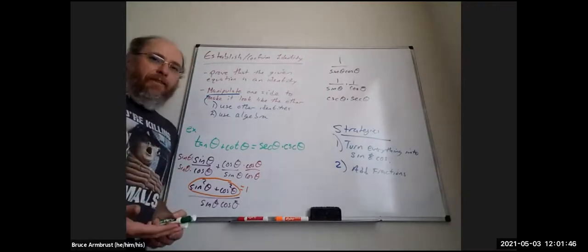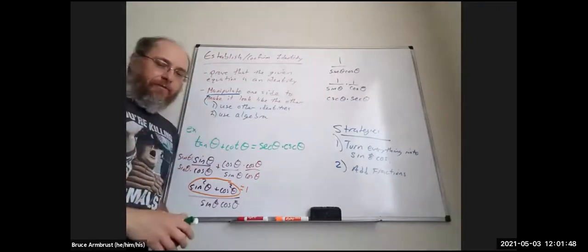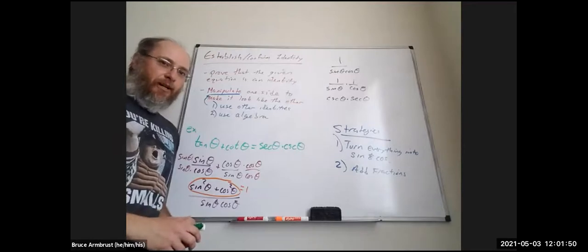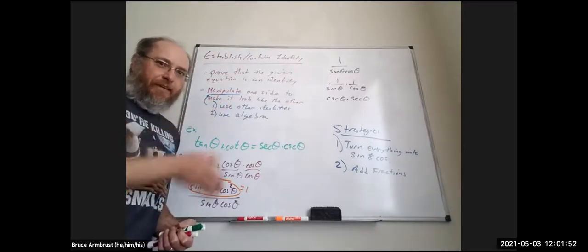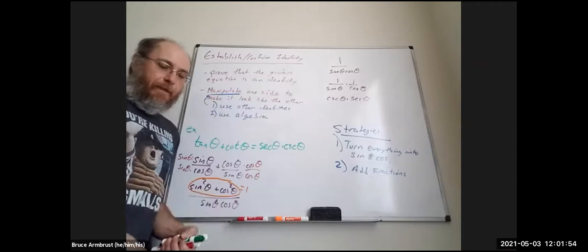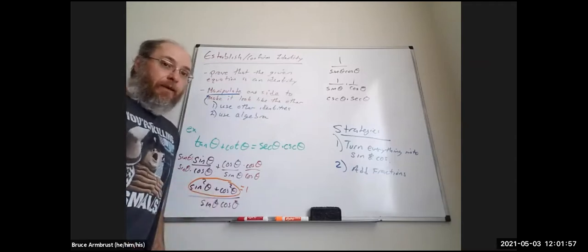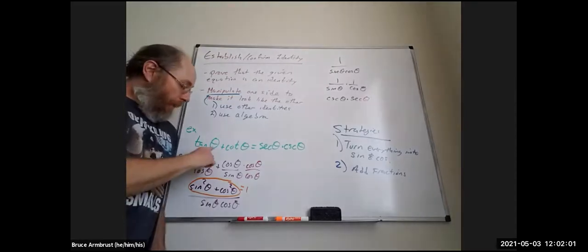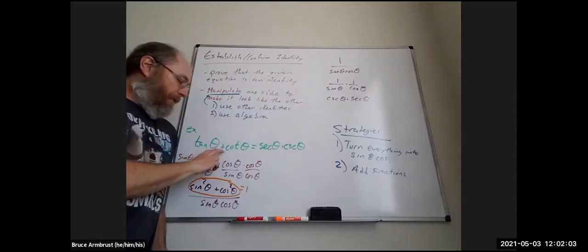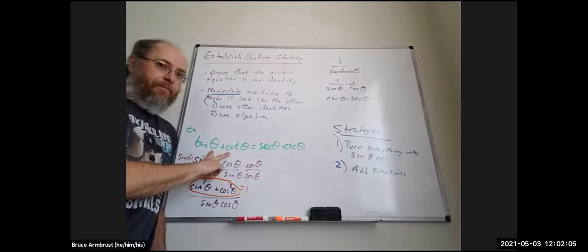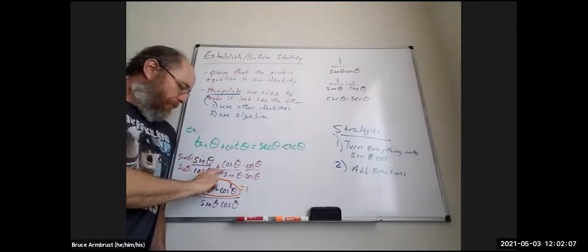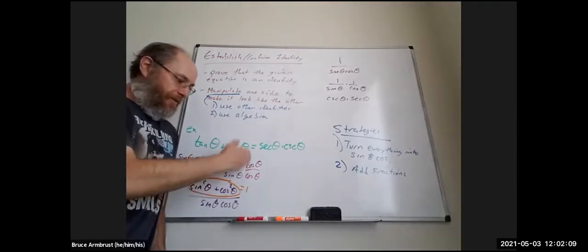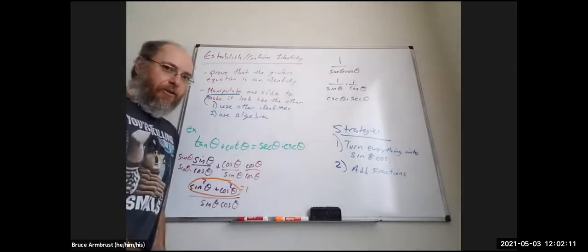Now, when I talk about proving things, you probably go back to geometry, right? You think of those lovely two-column proofs where you had to write down the lines and then your justification. Well, that's what we're doing. We're just not writing the justifications. When I started, line 1 would have been tangent plus cotangent. Line 2, this plus this. On the other side, reasoning: the quotient identities of trig.